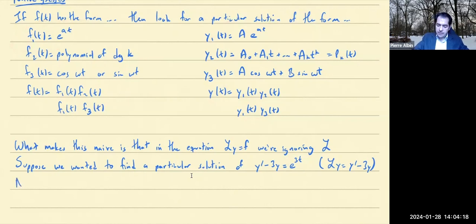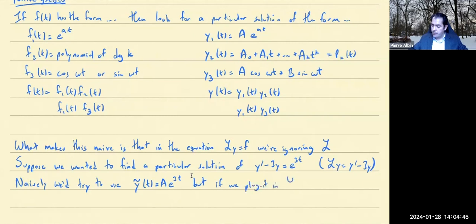So naively, we try, and because I know it's not going to work, I'm going to call it y tilde. So we try to use y tilde equals a times e to the 3t. But if we plug it in, L of y tilde, y tilde prime minus 3y tilde, we get 0.